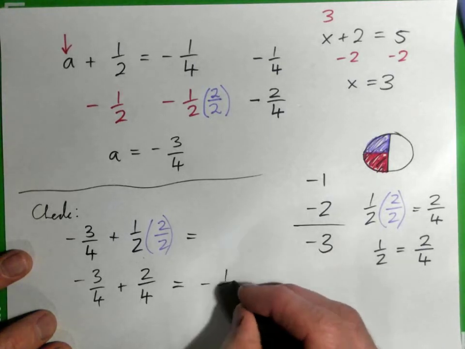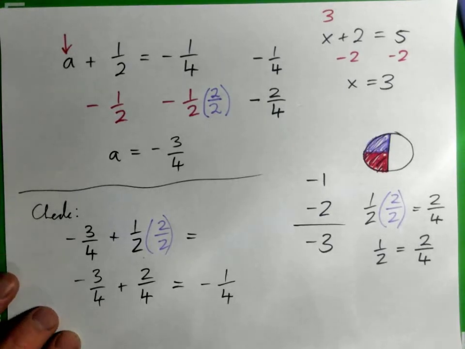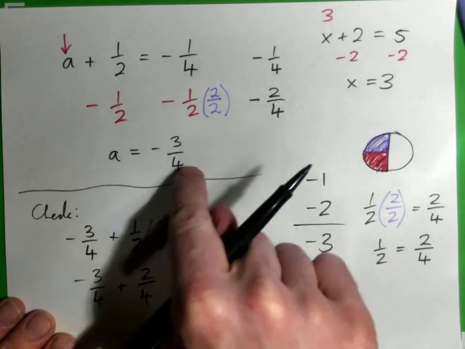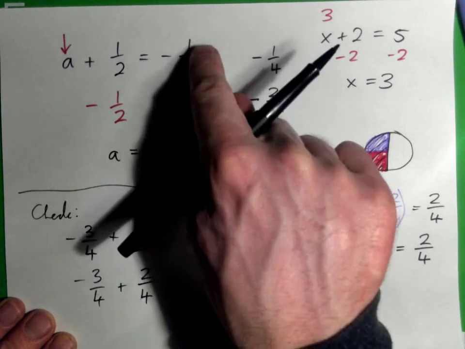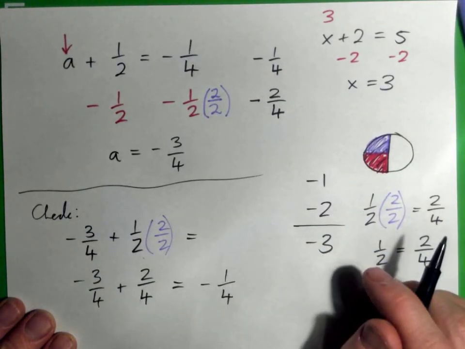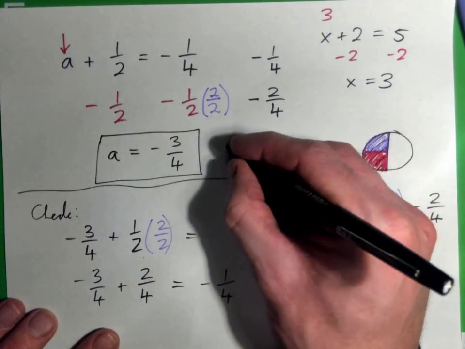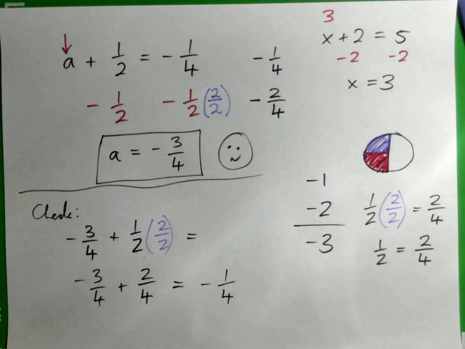Negative 1/4, right? Isn't it? Yeah, negative 1/4. So it all works out, because when I plug negative 3/4 in for a in the equation, then I get negative 1/4. Don't I? So it works out. That is the correct answer. A equals negative 3/4. Right? Good job.